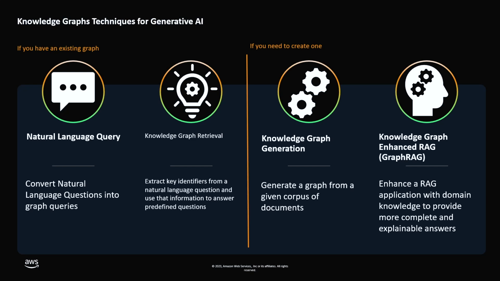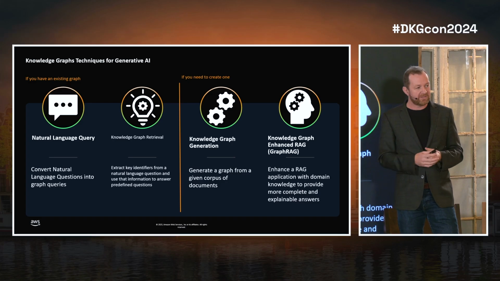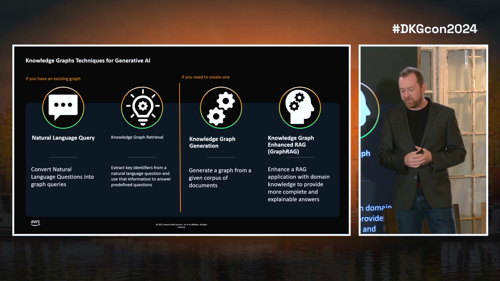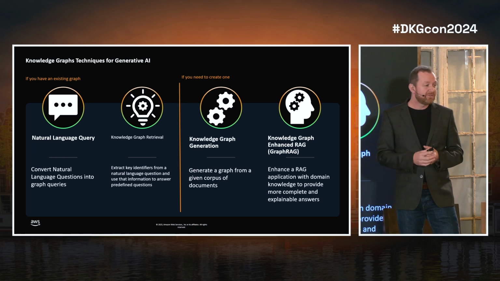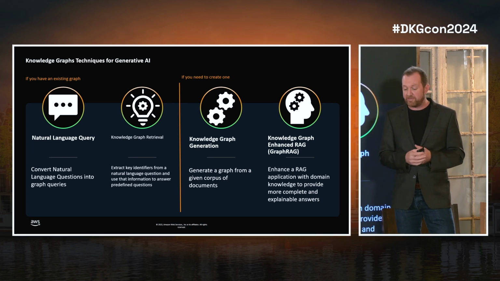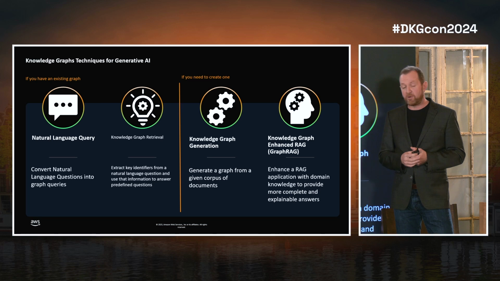One is whether or not you have an existing graph. So if you already have a knowledge graph of data, how might you use AI and the graph together to generate queries to answer a question, such as the previous speaker alluded to so eloquently? How can you generate queries that will query your graph effectively from natural language?